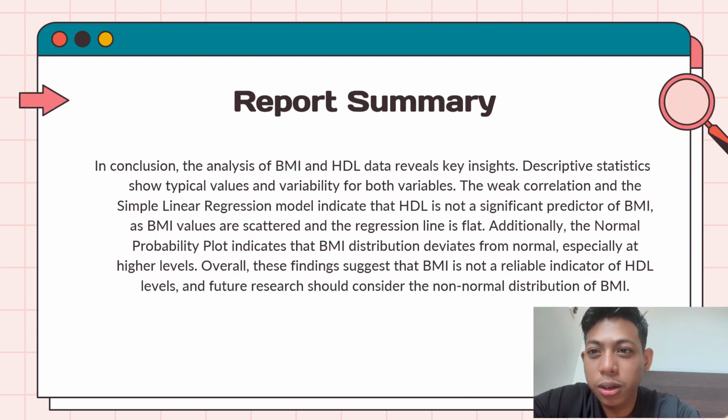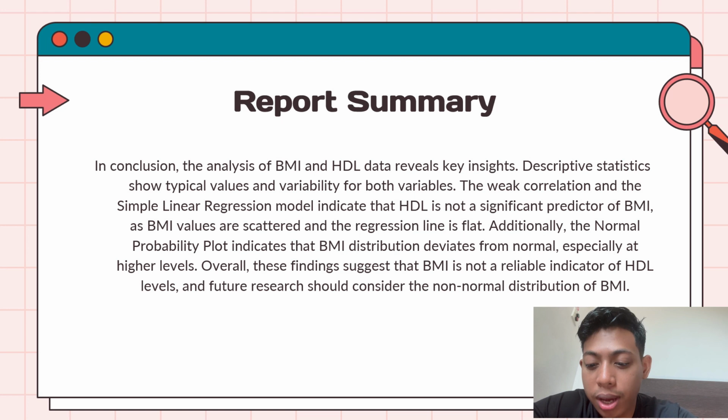Okay, for the conclusion, the analysis of BMI and HDL data reveals key insights. Descriptive statistics show typical values and variability for both variables. The weak correlation and the simple linear regression model indicate that HDL is not a significant predictor of BMI. The probability plot indicated the BMI distribution deviates from the normal.